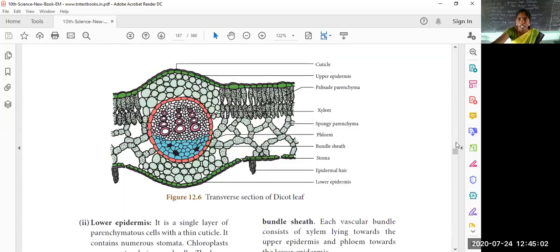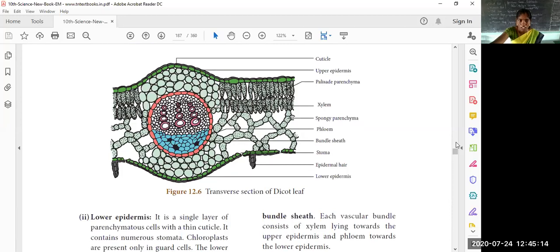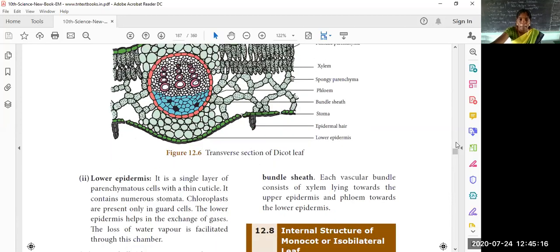The cuticular layer is present, upper epidermis, lower epidermis, palisade parenchyma, xylem, spongy parenchyma, phloem, bundle sheath, stomata, epidermal hairs. The lower epidermis is a single layer of parenchyma cells with a thin cuticle. It contains numerous stomata, so the lower epidermis has many stomatal holes.